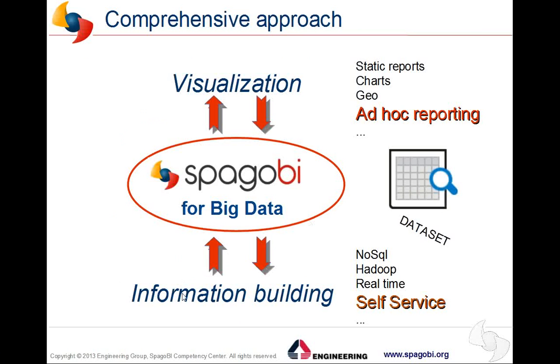And here you see that we also have different ways to produce this result. You see here that now we have arrows in different directions, so from the information building to visualization, but also from visualization to information building.